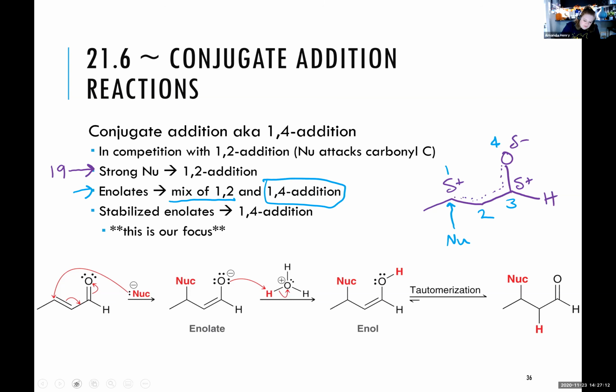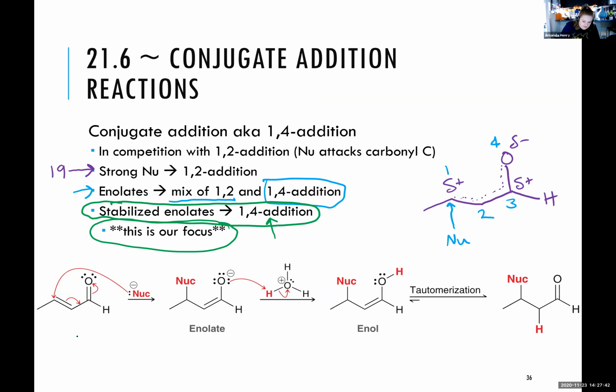The last bullet point, though, is where we're going to be focused. When we have a stabilized enolate, we only get the 1,4 addition. This is our focus. So yes, there's competition. Yes, there's another reaction that can happen, but we've already talked about that reaction in chapter 19. So it exists, there is some competition, but we are focusing on just the 1,4 addition.